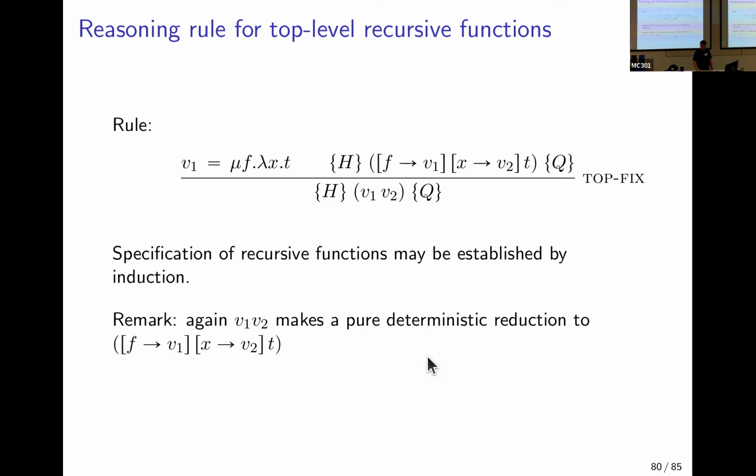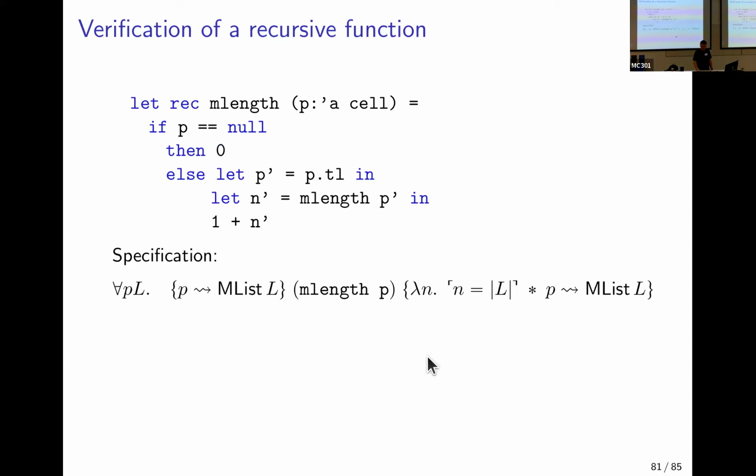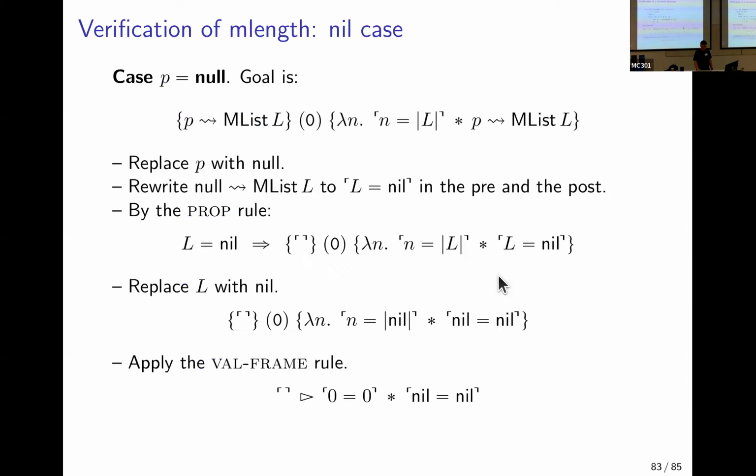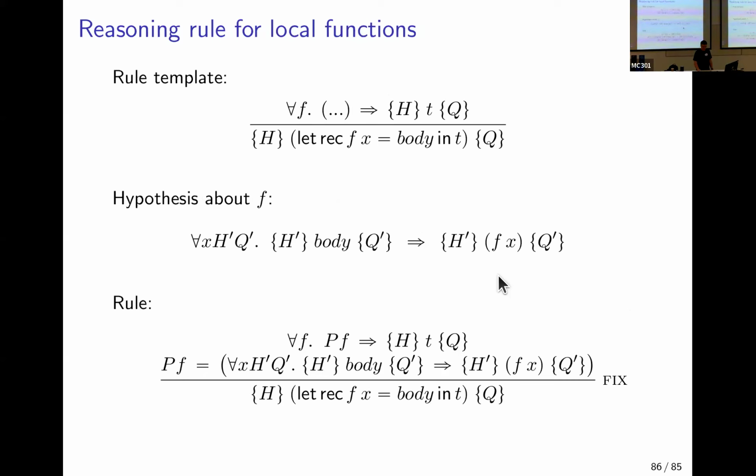Again, that's pure deterministic. Okay, I'll just skip this. If you have local functions like let rec f x = body in T, you might want to do this. The hypothesis about f is this, that you would prove in the normal ways with what we've seen before.